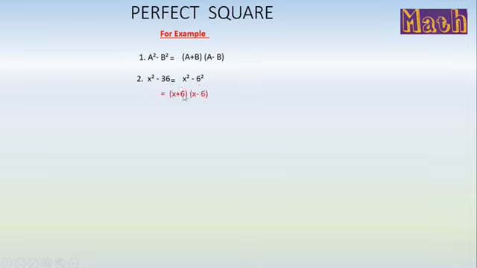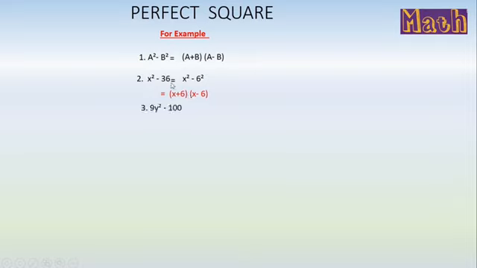I have x plus 6 and x minus 6. When we expand this, we'll get back to the answer again. Learners, you can try to expand this with the knowledge from the previous exercises and see that I'm going to get x squared minus 36.